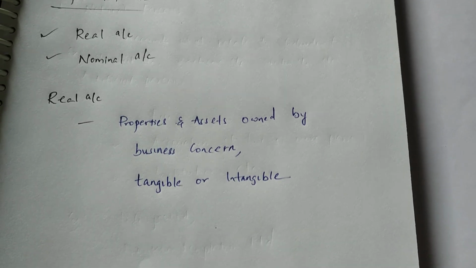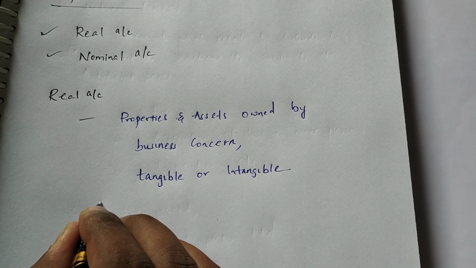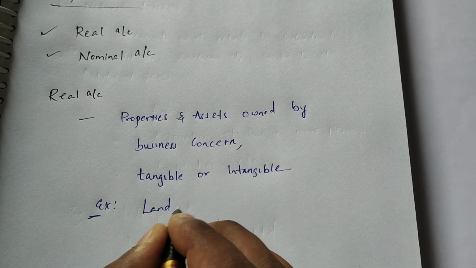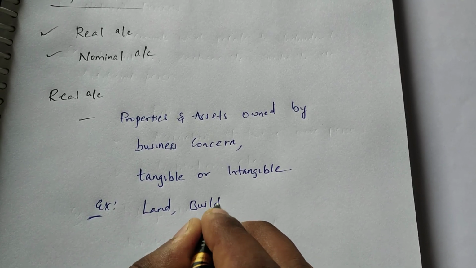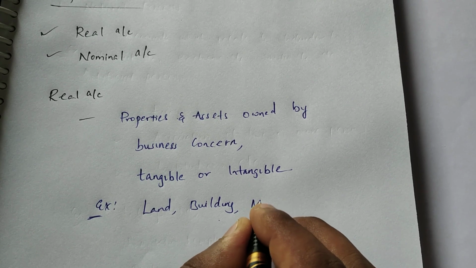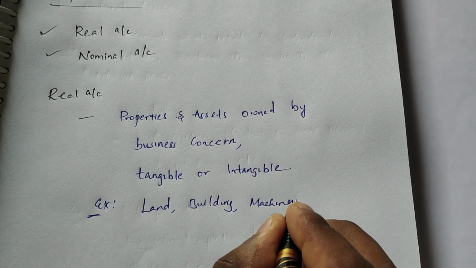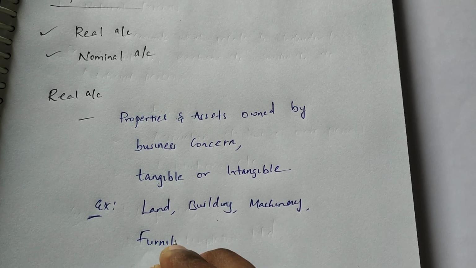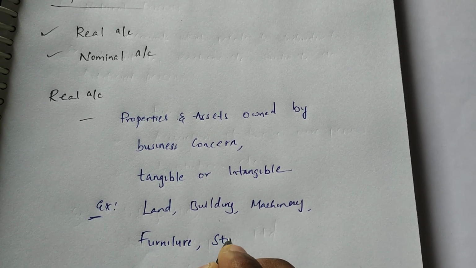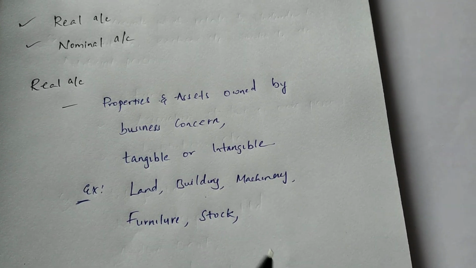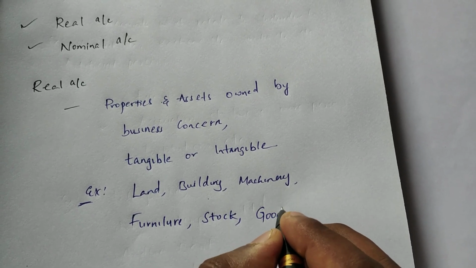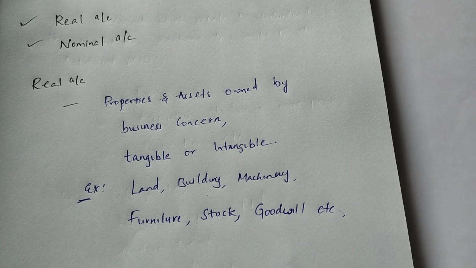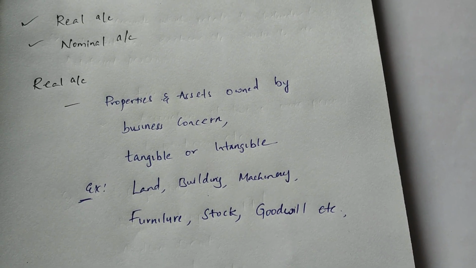Examples for real accounts: land, building, machinery, furniture, stock, goodwill, etc. I hope we all understood the contents of real account.